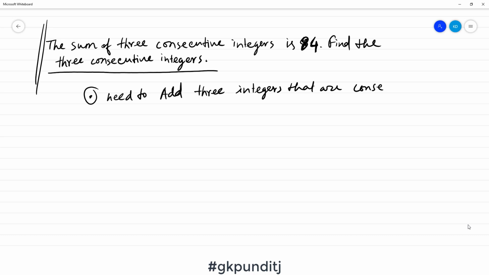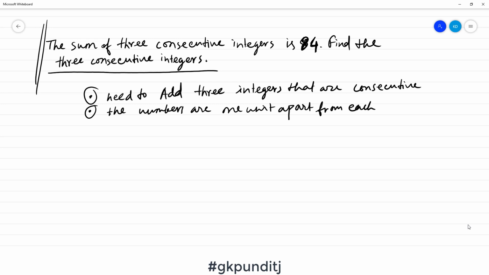That's very important. Consecutive means the numbers are one unit apart from each other. Each number is one more than the previous number.